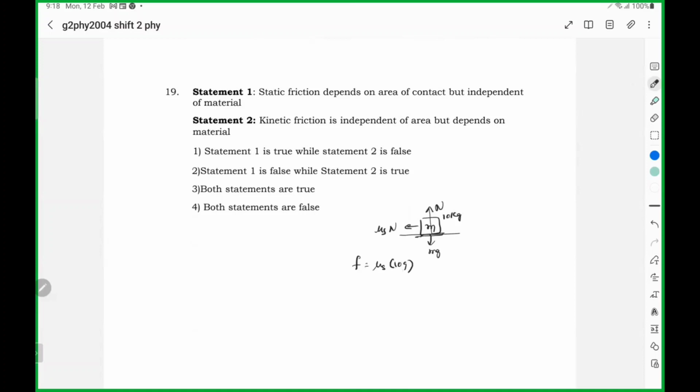Area of contact is this. With the same mass, 10 kg, but more area in contact, even then the static limiting friction is mu s into 10g. So that is independent of area of contact. So the first statement is false.